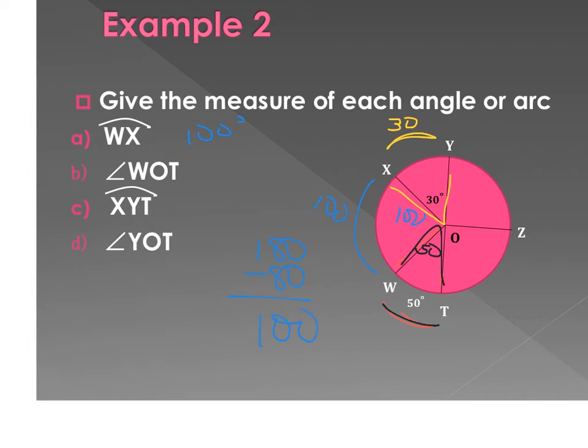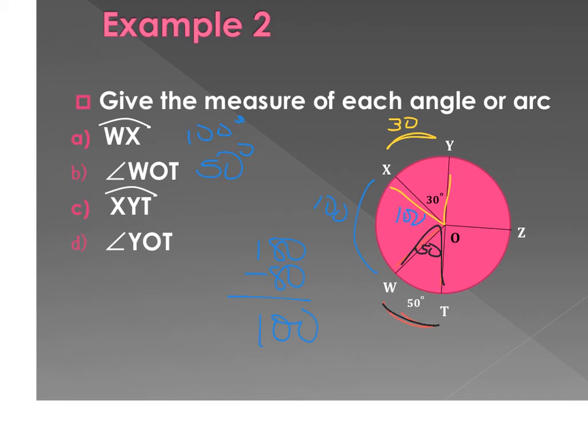Remember, arc measures are in degrees. Then angle WOT, we found that is the 50 degrees, which was from the arc measure that was given. And then XYT, that one I got to work for. Notice you have the semicircle, so let's follow it around.